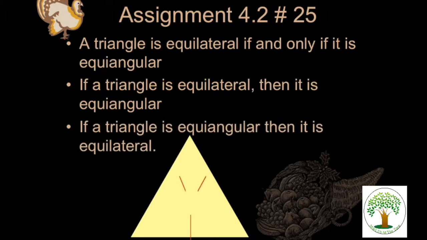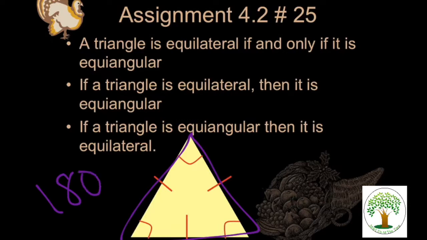An equilateral triangle has all three sides equal, and if it's equiangular, it also has all three angles equal. So let's try to figure this out. If all these angles are equal and they all add up to 180, how much is each one?